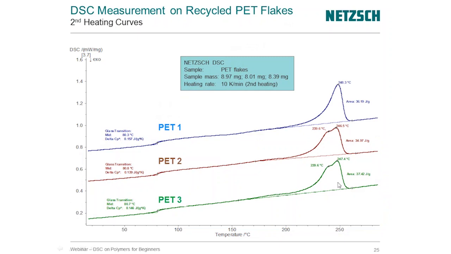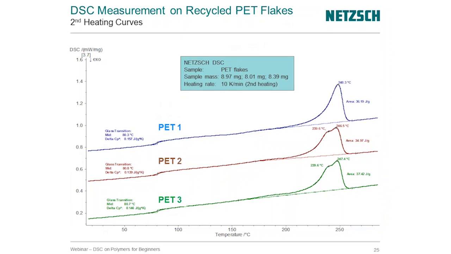We're heating up to about 260 degrees from around room temperature, and if we just look at the glass transition, it looks to be about the same: 80.3, 80.8, 80.7. If that's all we looked at, we would probably argue that the material is the same.